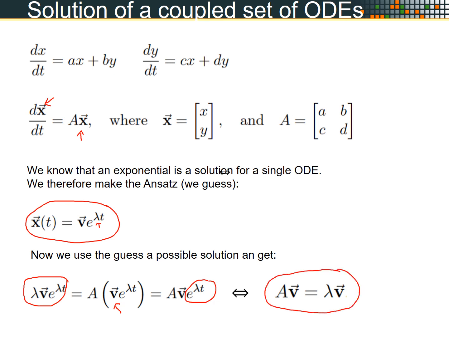We get a times v is lambda times v. So that means we assumed a certain solution, and we now got an equation that allows us to determine a to have this guess with its 4 parameters fulfilled.